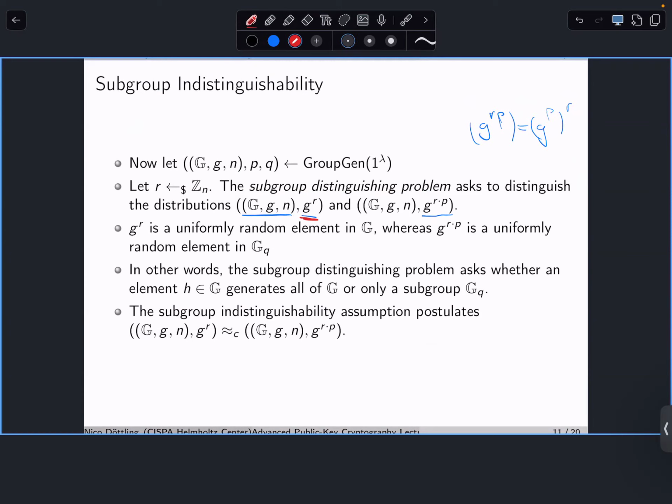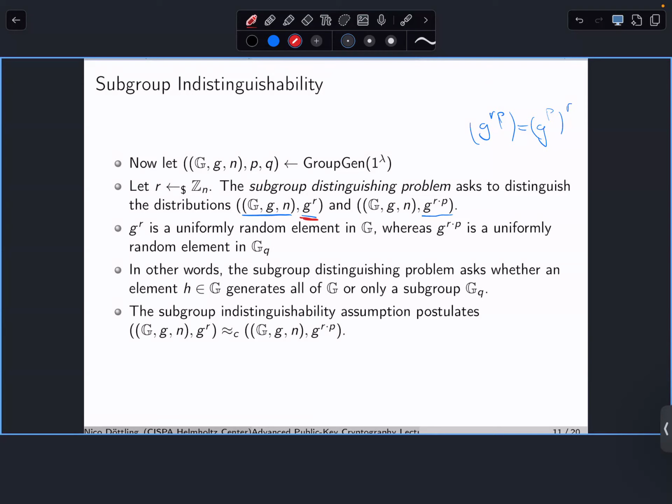So in a way, subgroup indistinguishability, you should think of it as a natural generalization of DDH, right? Because DDH is at its core a very special case of the more general subgroup indistinguishability problem. Here we're having subgroups of different orders.